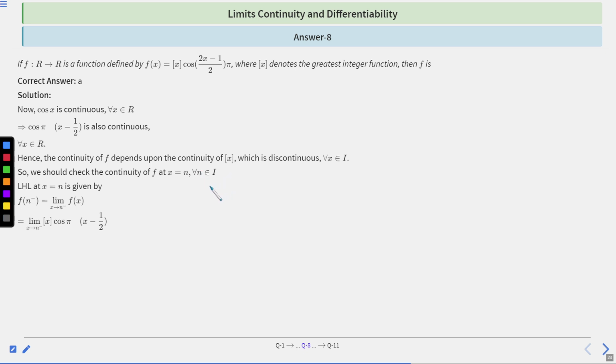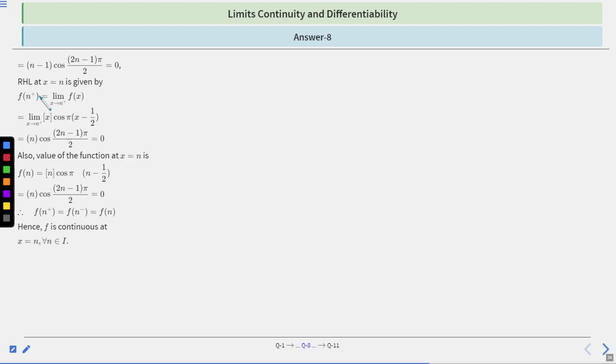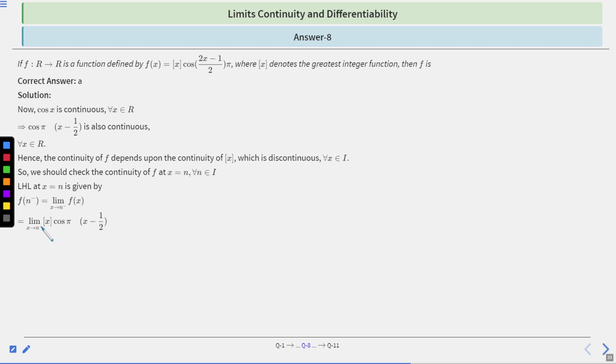So the left hand limit at x equal to n is given by f(n minus), which is equal to limit x tending to n minus of f(x). Clear? Which is equal to limit x tending to n minus of the greatest integer function of x cos (2x minus 1)pi by 2. Clear? If x is tending to n minus, then the greatest integer function of x is basically n minus 1, right?